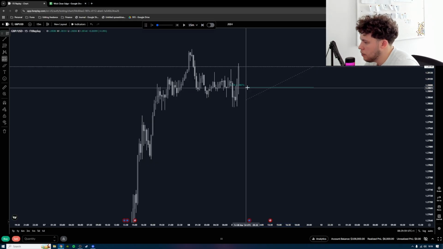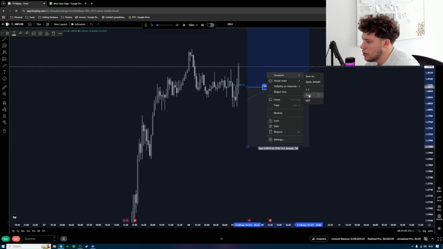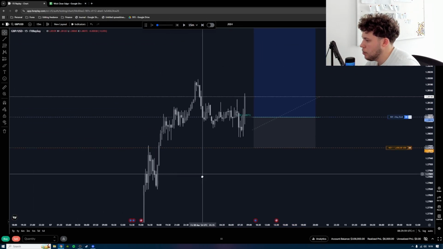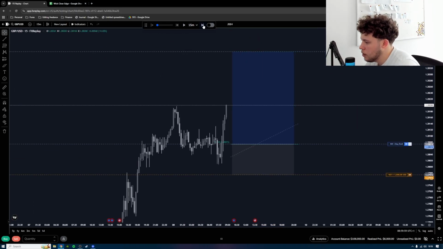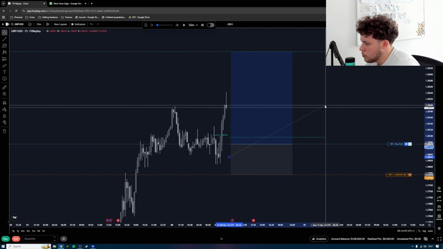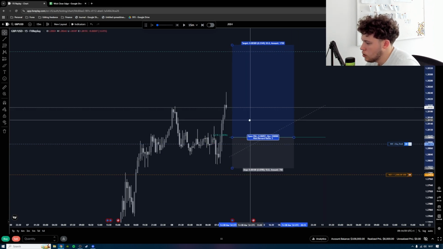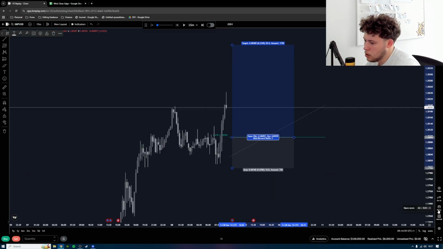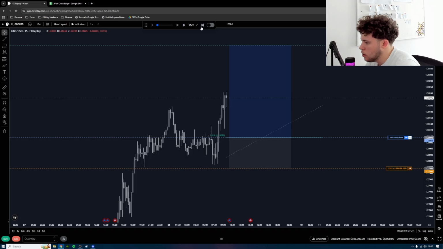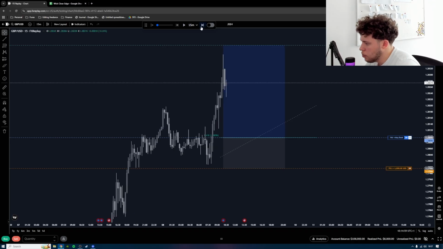And we have a long opportunity here. These ones never normally work with that much momentum behind it, but we'll see. We need to adjust this, like so. Chances are we won't get entered here.